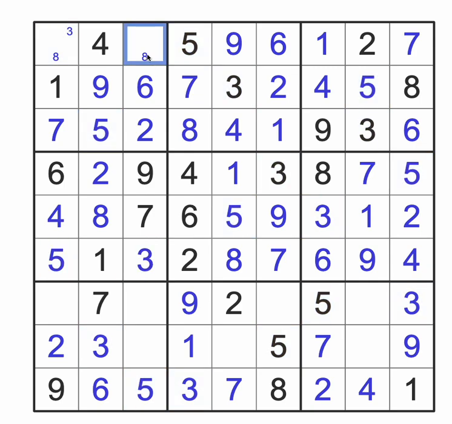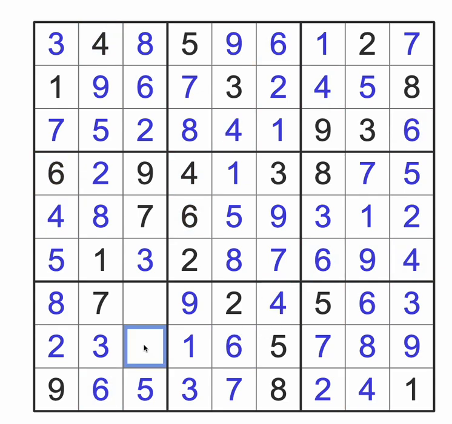And this 3 has made this cell 8, and this is 3. The last number of this column is 8, which blocks this cell, gives me 8, 6, 6, 4, 4, and 1.